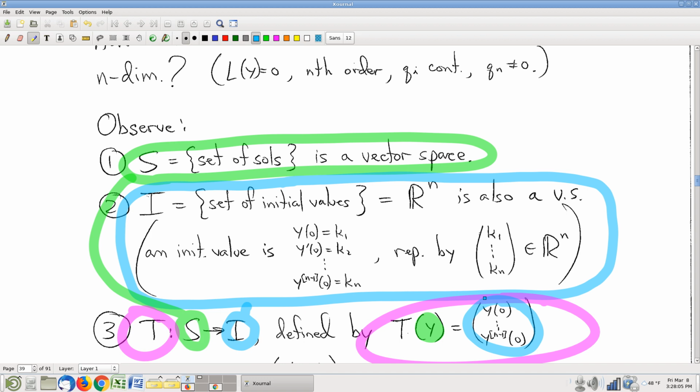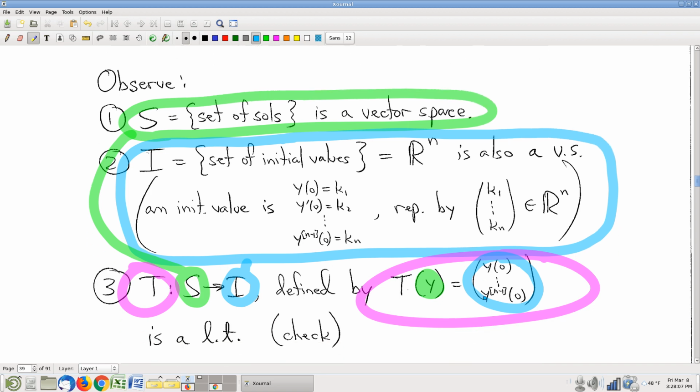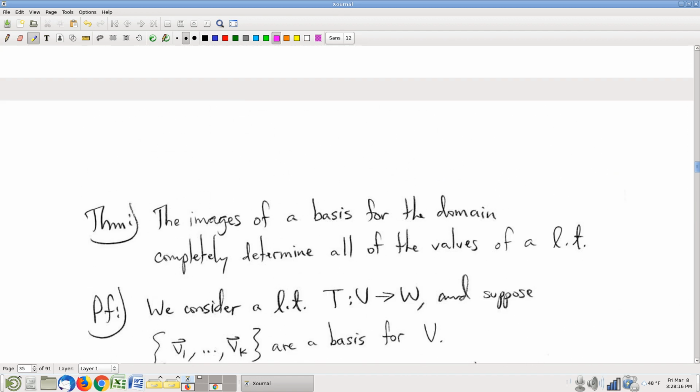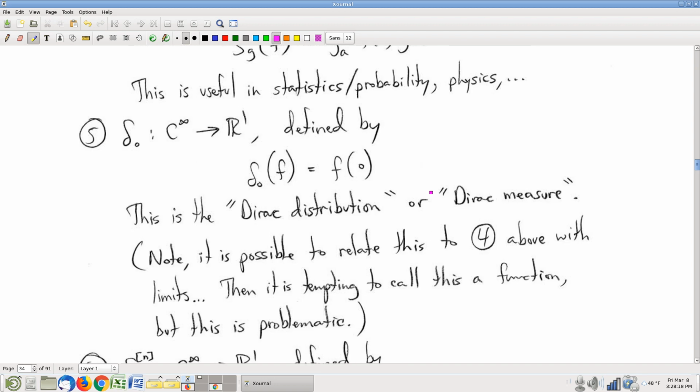Okay. Now, I claim that this is a linear transformation. How do I know this is a linear transformation? Well, it's a plug and chug direct confirmation. Let me remind you, we did a bunch of these last time. So, for example, this Dirac transformation here, the act of plugging in x equals 0 turns a function into a real number by what is, in fact, a linear transformation. A direct check.